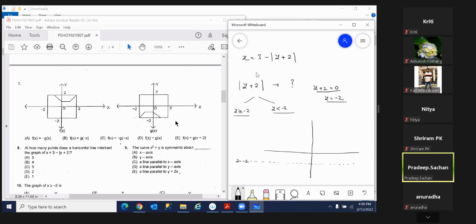You will get two lines. Now x plus y is equal to 1 means it will pass through 1 comma 0 and 0 comma 1. So suppose this is 1 comma 0 and this is 0 comma 1. This will be my line x plus y is equal to 1, but I have to draw till here only. I cannot go beyond. And then x minus y is equal to 5 means one point will be 5 comma 0 and another will be 0 comma minus 5, but I cannot draw here, so I have to draw like this.